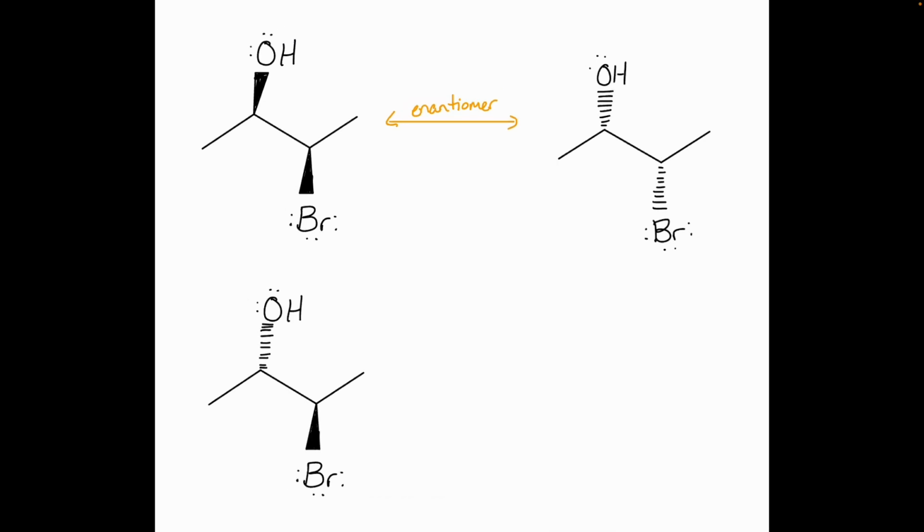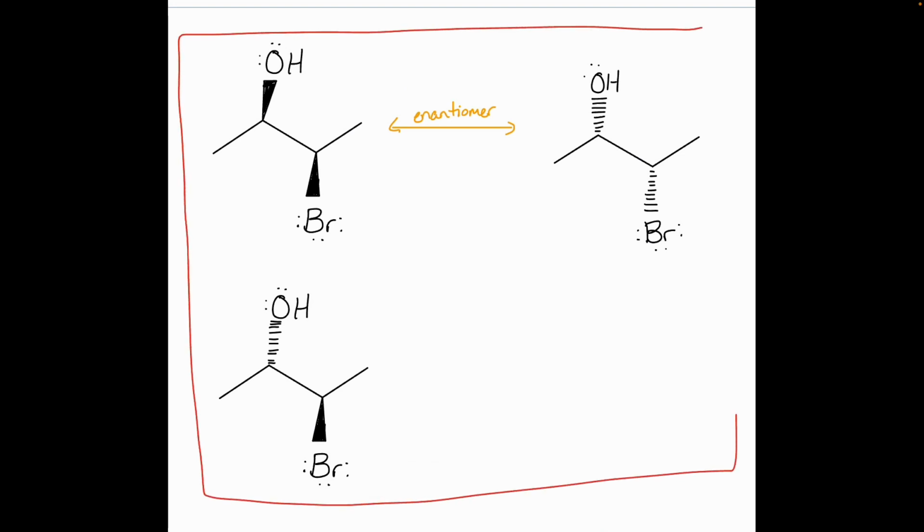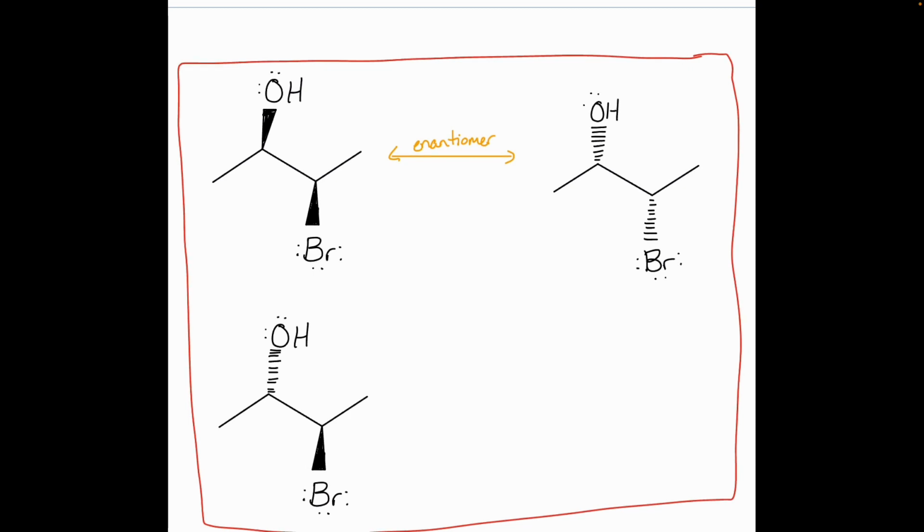All right, importantly, these are all considered stereoisomers of one another. Stereoisomers have the same connectivity of all these atoms, just oriented differently in space. So all these would be considered stereoisomers.